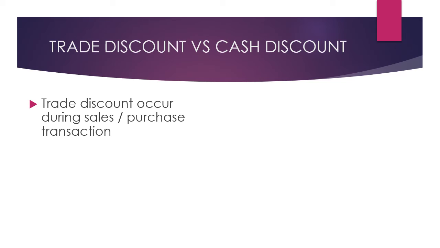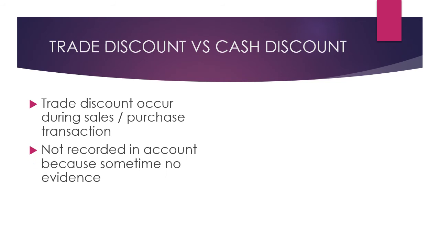So trade discount is not recorded in the account because it's quite difficult to maintain evidence of it. Normally, after you negotiate the price with the seller, the cash bill or the invoice that you are given will show the newest or the after-discount price.